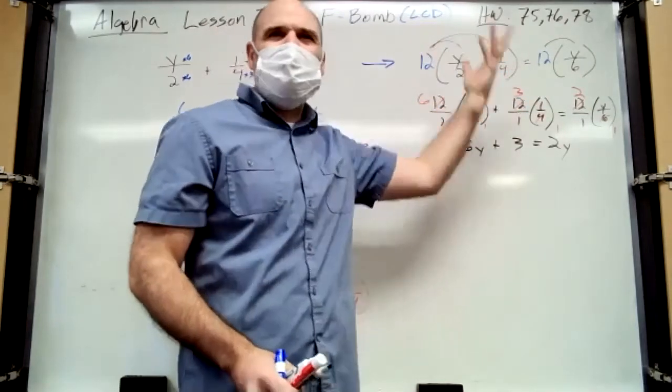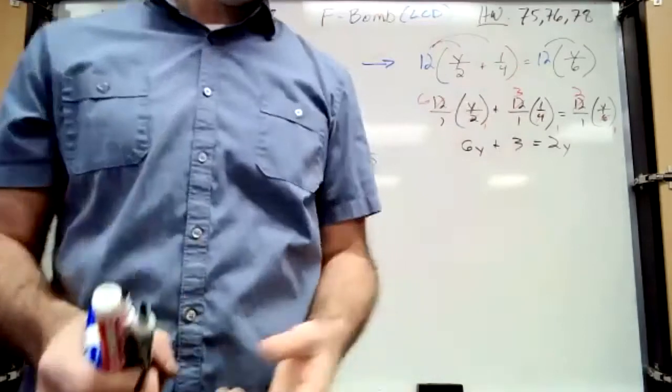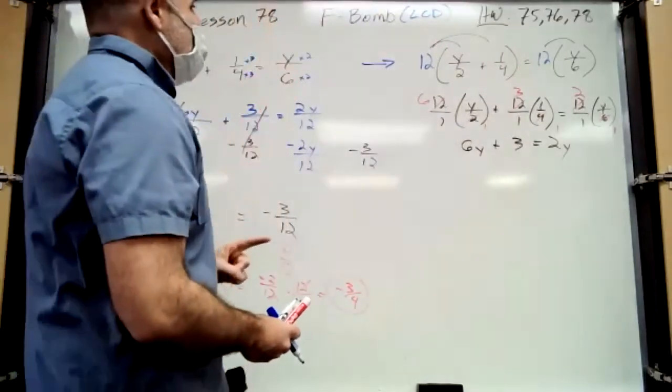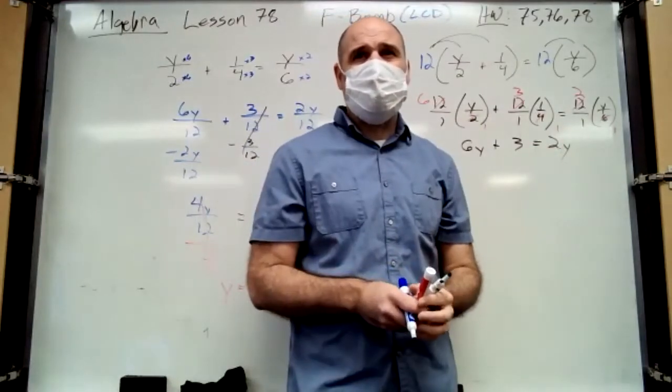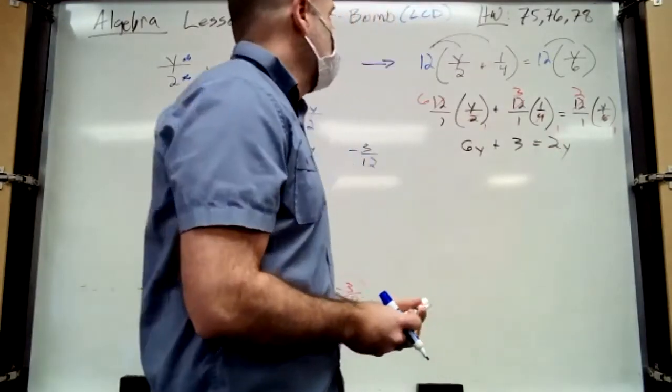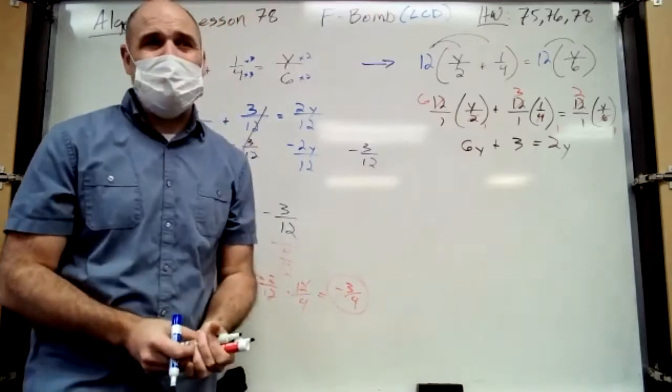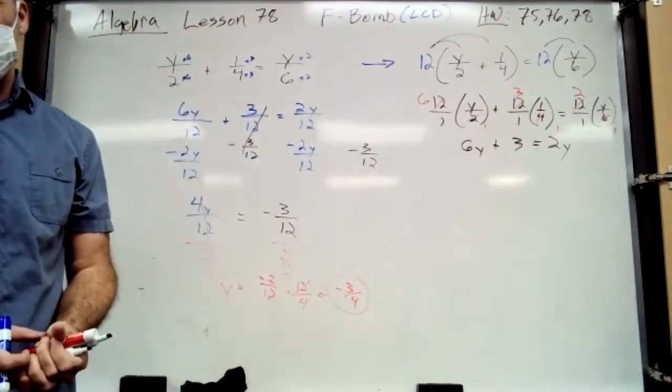And then you multiply by another 2. You could have chunked it out, but one bomb killed all the fractions. There's no more fractions. All it took was one bomb. So the F-bomb is the least common denominator of whatever fractions you see.